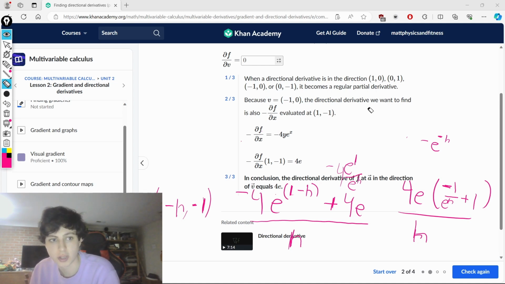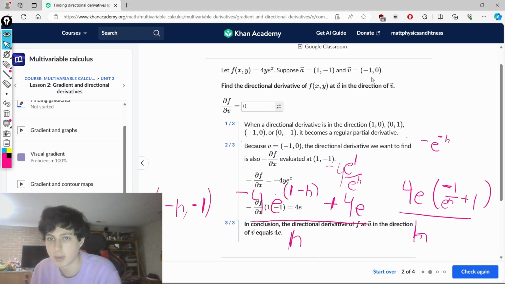My understanding is not too great. Maybe we'll watch a video. Might just have to. Because we just wanted to take the directional derivative with respect to x and make it negative, right? That's all we were doing. Plugging in these numbers. Respect to x, make it negative. Let me think. That would be 4e to the x, negative 4e to the x.